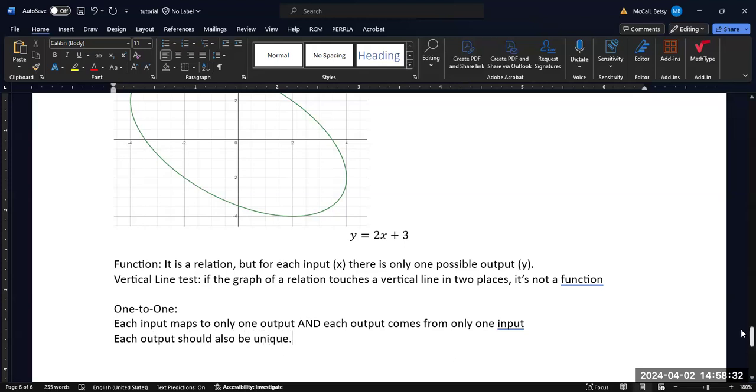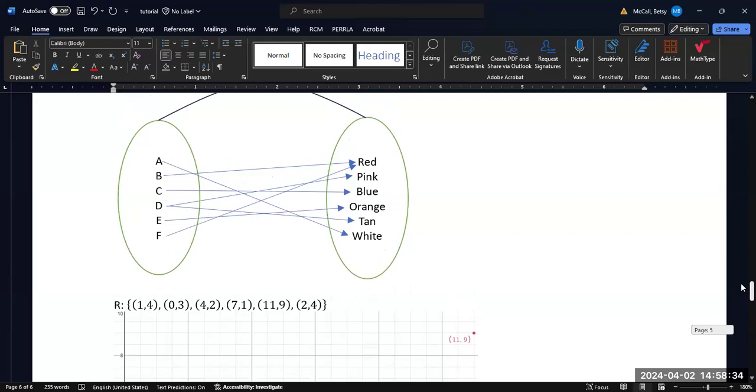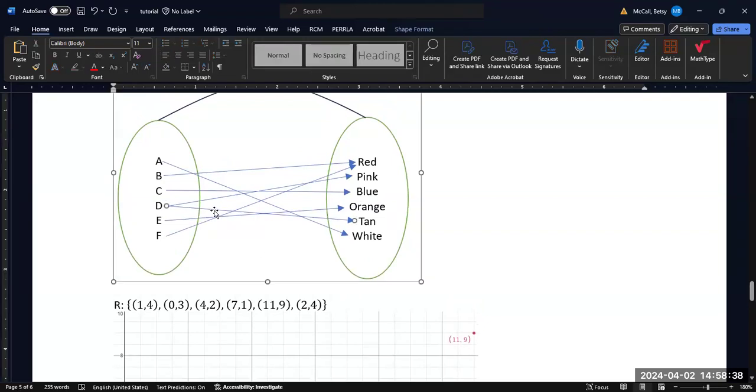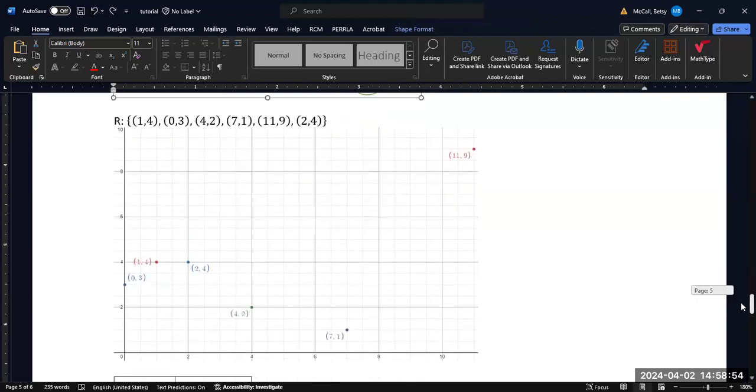Now, if we go back and look at some of our examples, even if I take this one away and make it a function, this is not a one-to-one function because red is used twice. If I look at my list of points here, I'm looking for repeated y values in the one-to-one case.